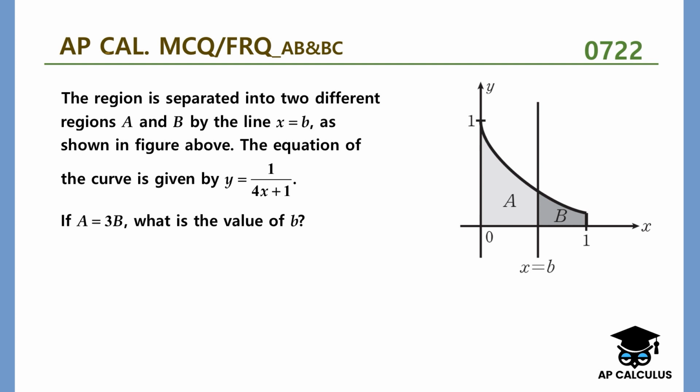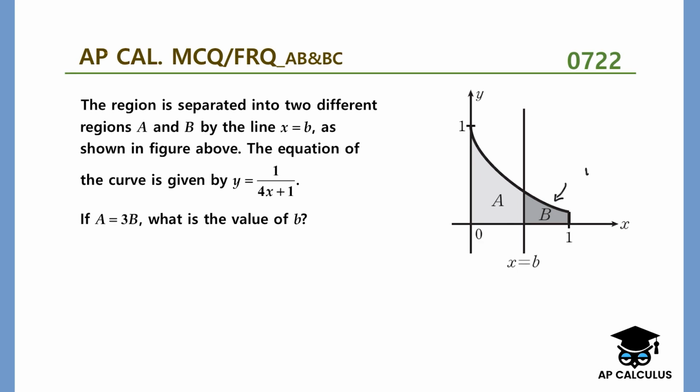Okay, the equation of this curve is y equals 1 over 4x plus 1. And since A is 3 times B, we can write the definite integral from 0 to b, this value is b, right?